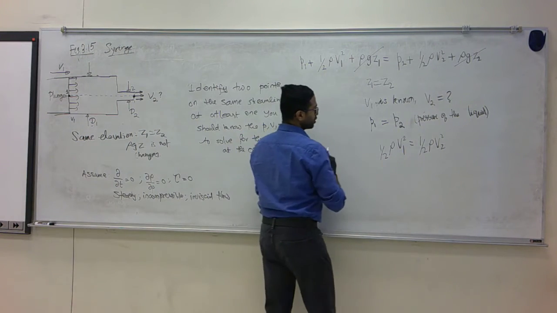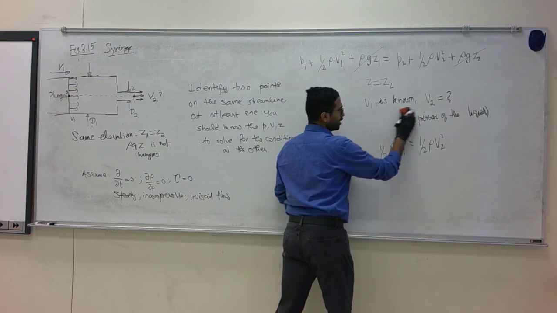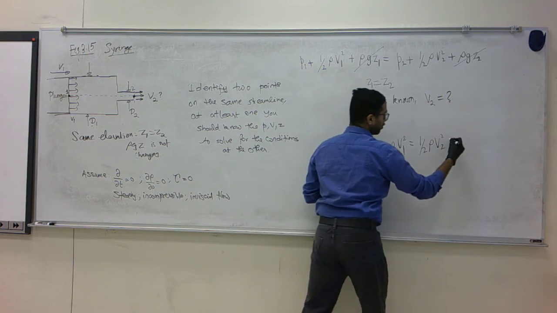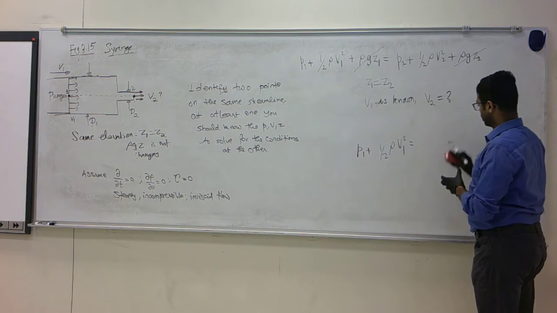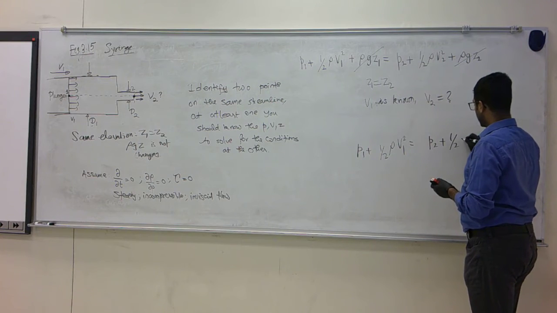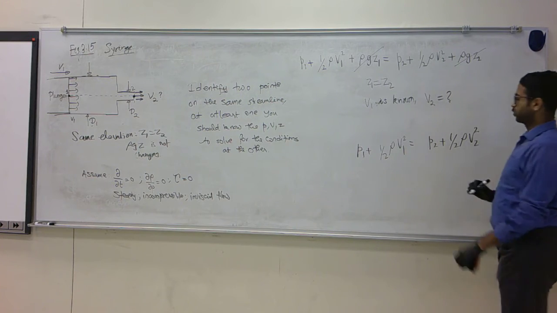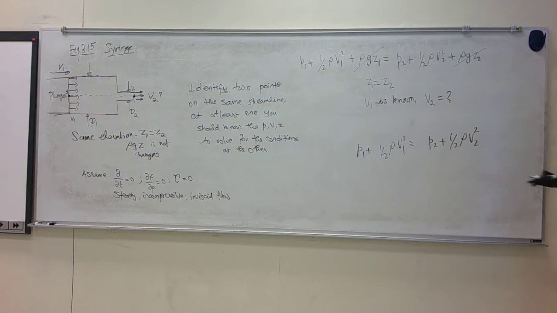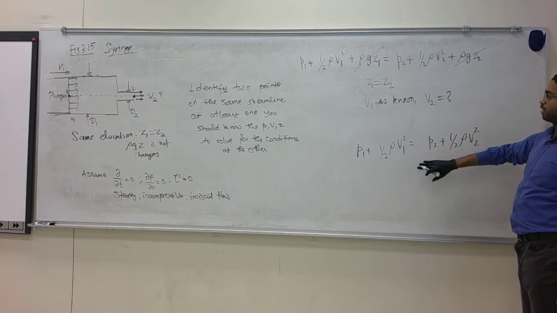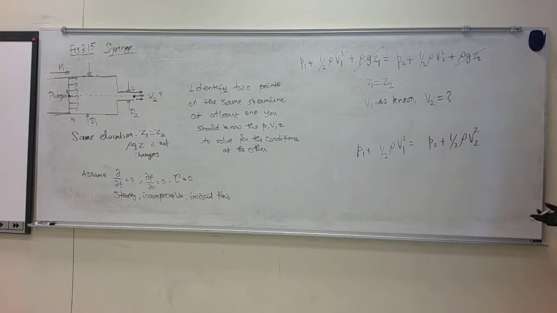Sorry, I shouldn't assume this P1 equals P2. I should just say P1 plus half rho V1 squared equals P2 plus half rho V2 squared. Okay, this is by applying the momentum balance or force balance, which is the Bernoulli equation.